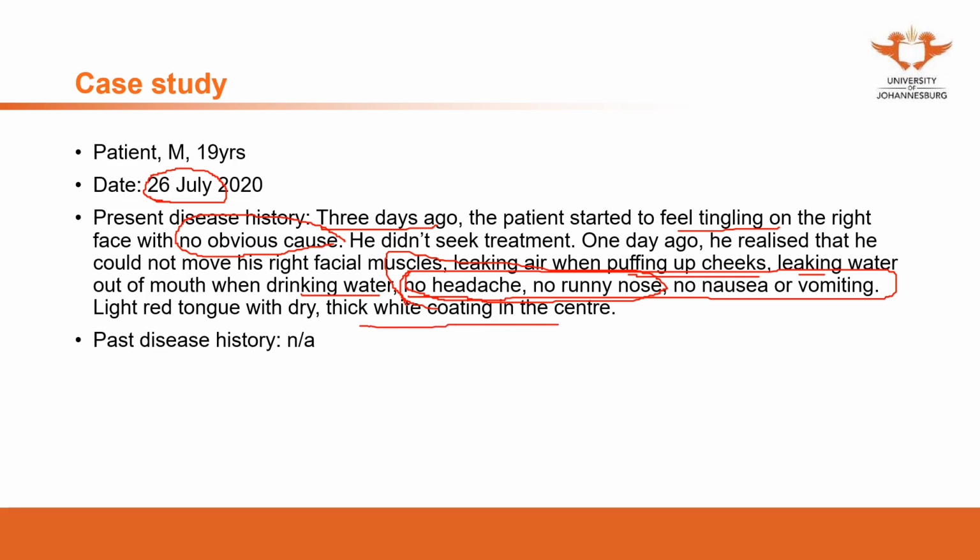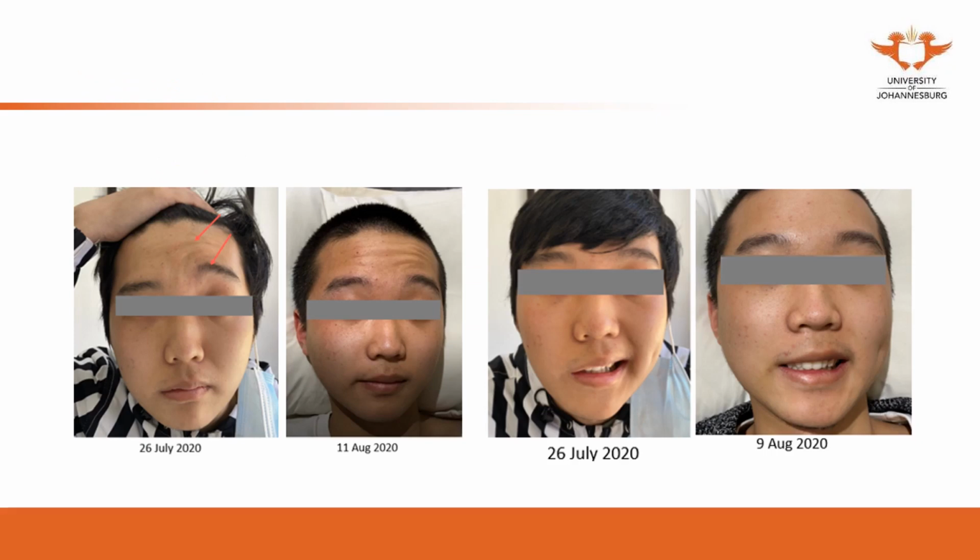The thick white coating in the center is the middle jiao. So on the first day when I see this patient, the eyebrow, the wrinkles here, the deviation of the mouth, both sides is not even.